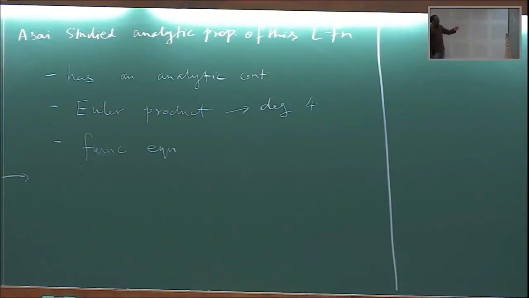You can generalize this. Here I gave the formula for level 1, but if you have arbitrary level or a Nebentypus, you have to modify this by replacing the Riemann zeta function by a Dirichlet L-function. That's not too difficult.